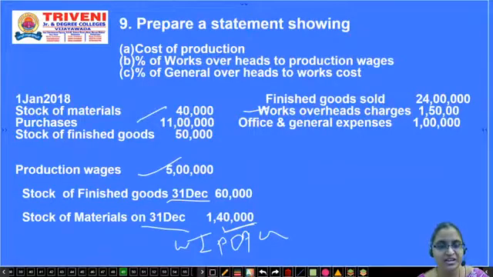After putting the heading office and administrative overheads, in that heading you take office and general expenses, 1 lakh. Now you get the cost of production. After that put the heading selling and distribution overheads.